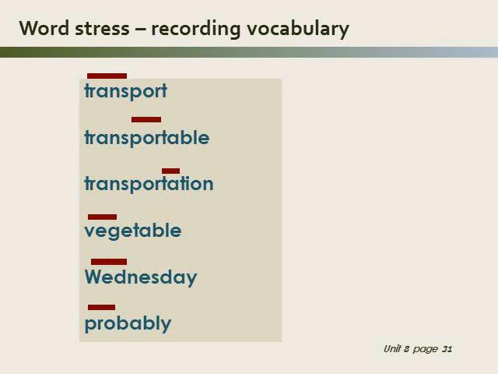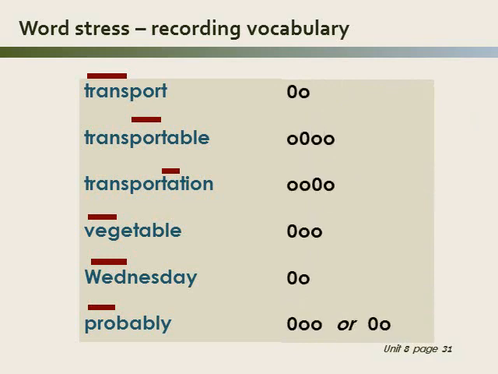Now, vegetable and Wednesday, if you look at the syllables, both automatically miss out one of the written syllables. You don't say vegetable, you say vegtable, and you don't say Wednesday, you say Wenzday. Probably is a little bit more problematic. When you say it by itself, you tend to say it with three syllables.